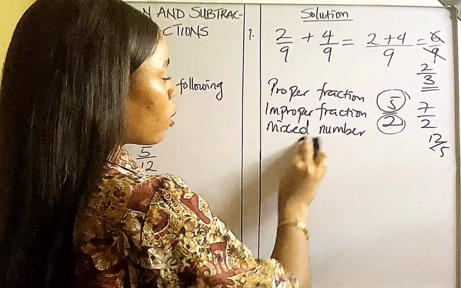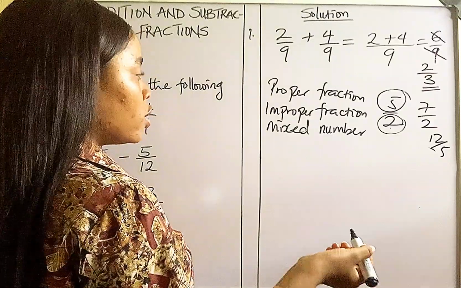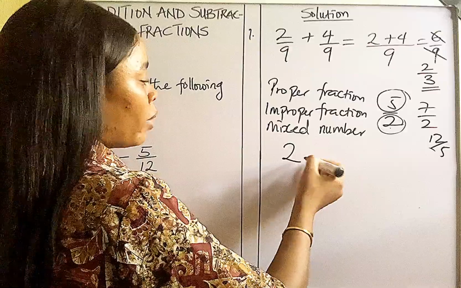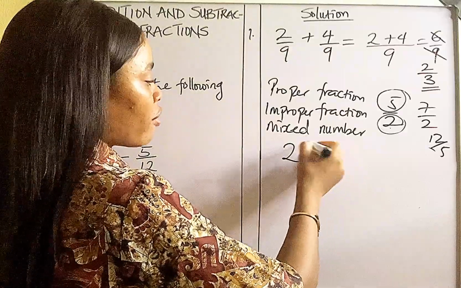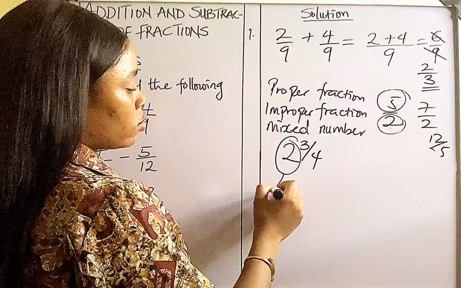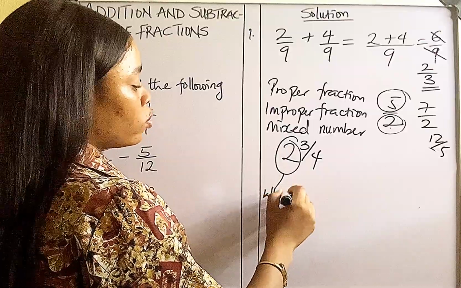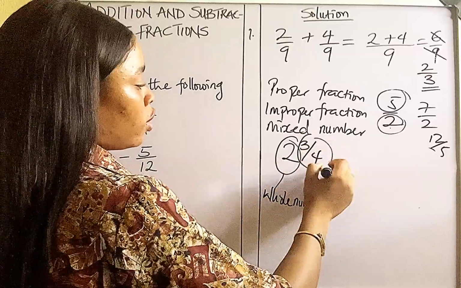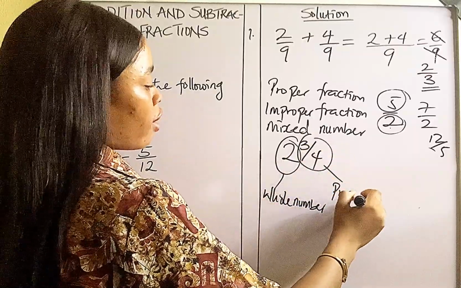Now our mixed number or mixed fraction consists of a whole number and then a proper fraction. So this is a whole number, and then a proper fraction.